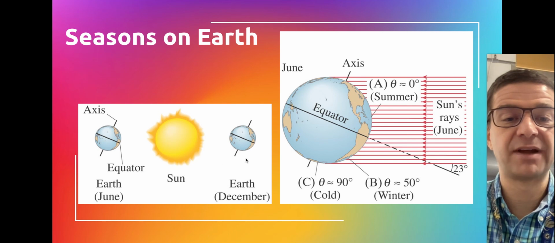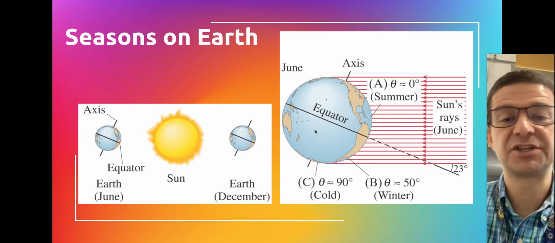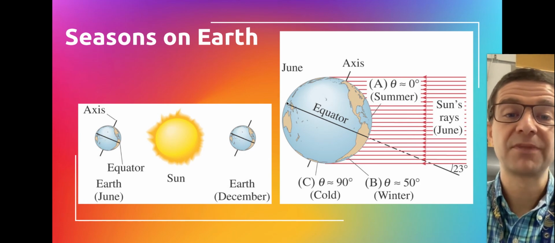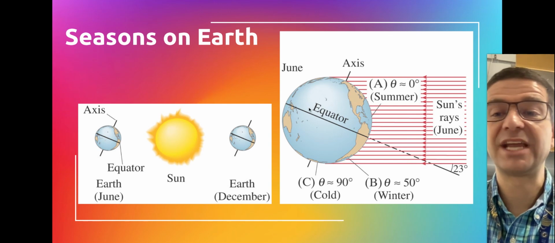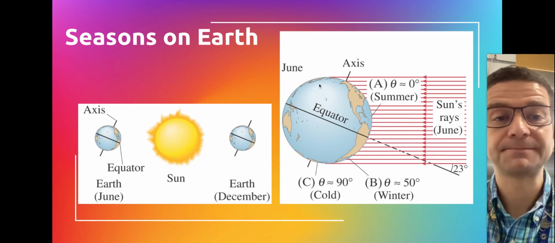And then, as the Earth comes around to the other side of the sun, it's summer in the southern hemisphere, and winter in the northern hemisphere. Where we are, near the equator, there are very subtle changes in temperature throughout the year.